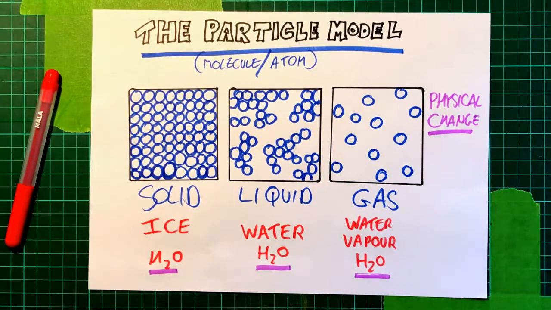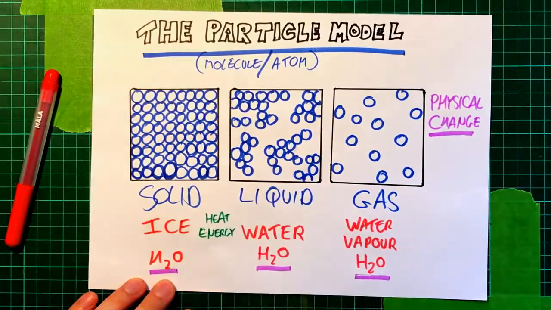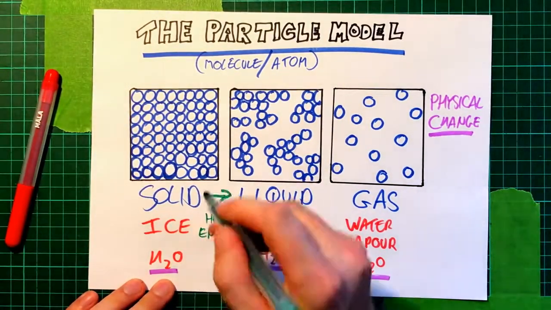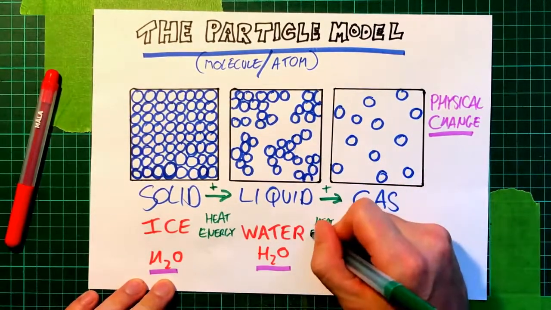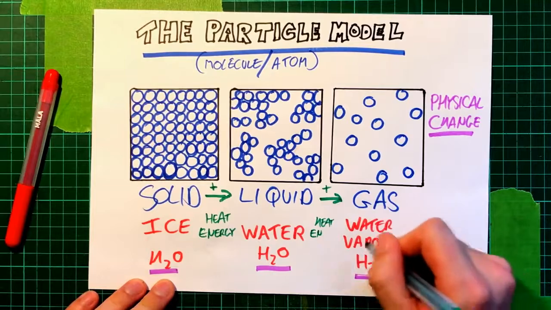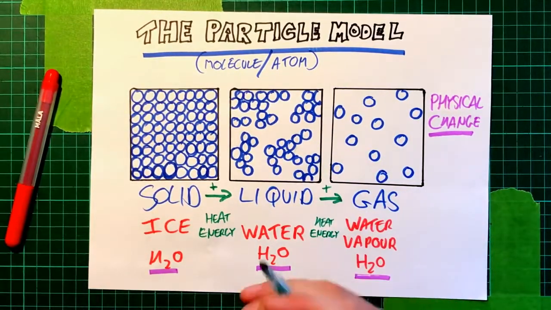If you add heat energy to ice, so if you put a flame under an ice cube, you will get water. Again, if you add heat energy, you will get a gas, which is water vapor or steam. If you put a beaker on top of a Bunsen burner, it will evaporate into water vapor.